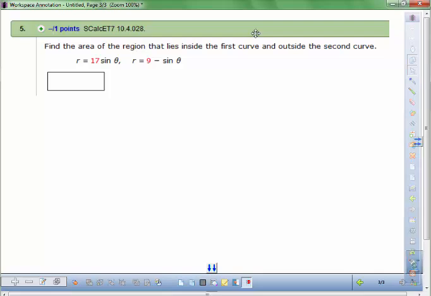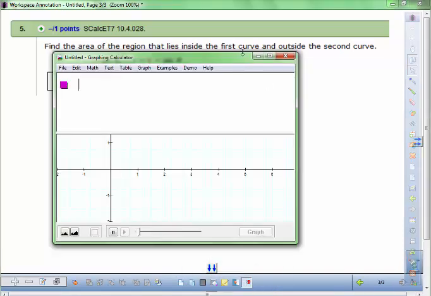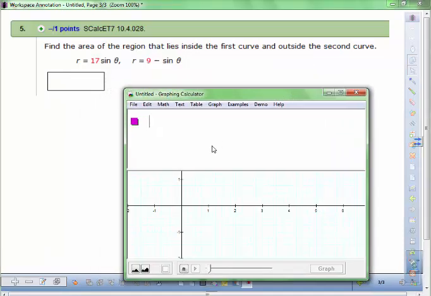So this thing is a circle that's been offset. It's not centered in the middle, and this thing is some sort of cardioid or limaçon or something like that. All right, so I have a graphing calculator program that I can punch this in. And knowing the graph is half the battle.